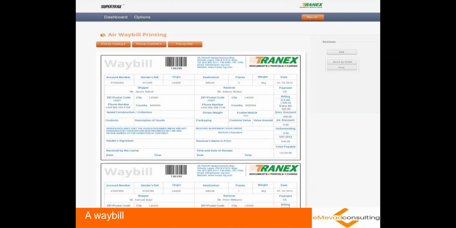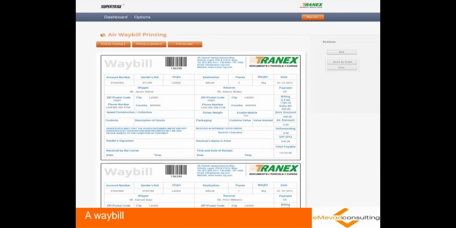Let's assume a particular courier is picking 5 packages from a customer with the same way bill, except he's using one way bill for each package. But if it is one way bill to cover the entire packages, the first package will be numbered 1 of 1.